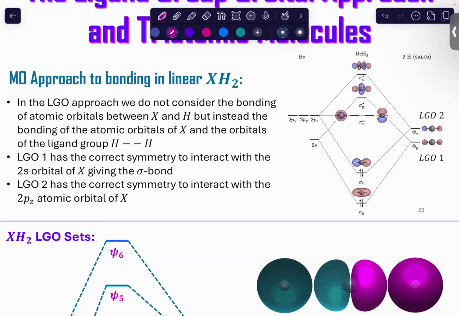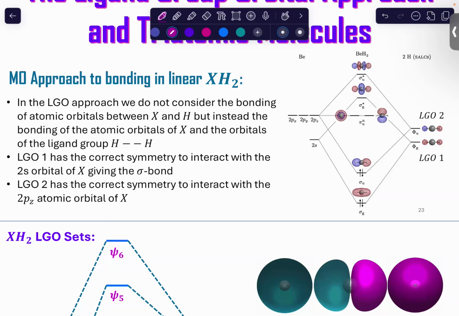So this is called the ligand group orbital approach. Instead of just looking at the orbitals on a single ligand attached to another atom, you're going to take a ligand group as a whole and look at its symmetry. So you have your central atom, and you look at its symmetries and its orbitals.